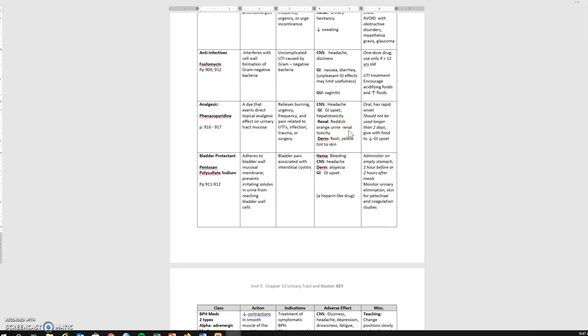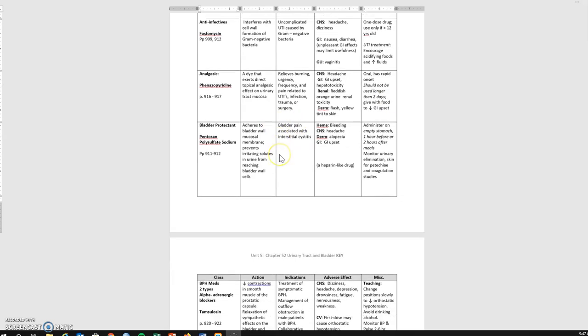Renal toxicity is also a problem with this drug, so patients need to be sure to increase their fluid intake. It has a rapid onset and should not be used more than a couple of days, and can be given with food to decrease that GI upset that is common with this drug.